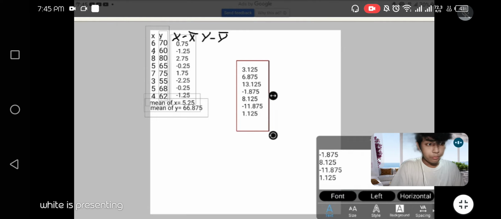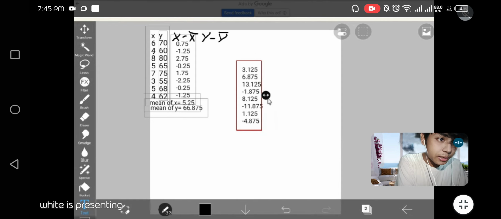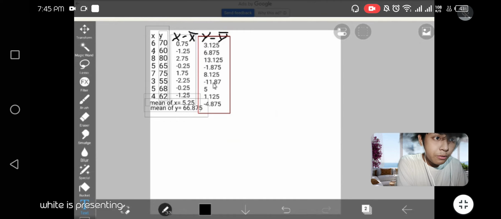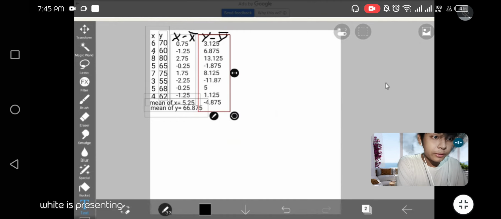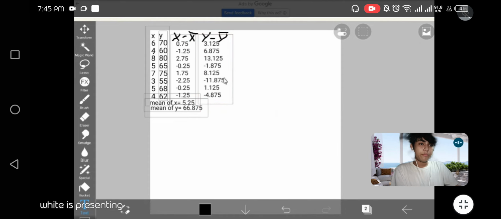Magiging sagot is 4.875. So, here's the answer. Ayan na yung y minus y bar.